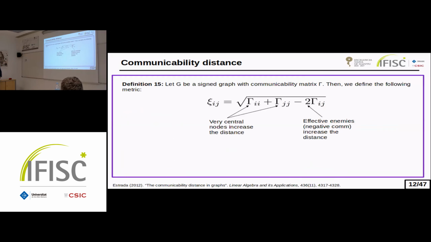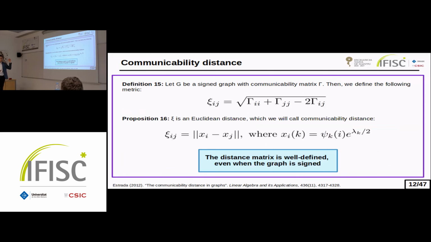Alternatively, what we propose is to use this metric as a distance. Basically, what we are doing is aggregating diagonal and off-diagonal elements of the communicability matrix such that central nodes increase the distance and effective enemies, so entries that are negative, also increase the distance.